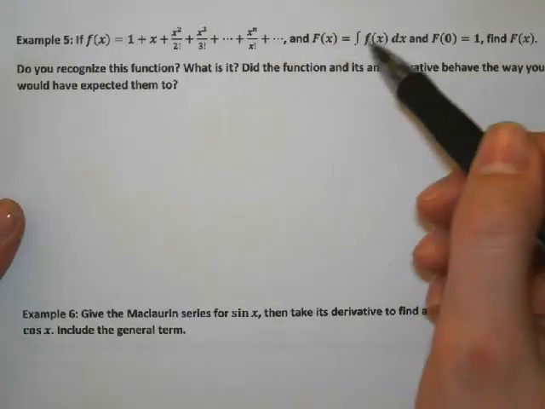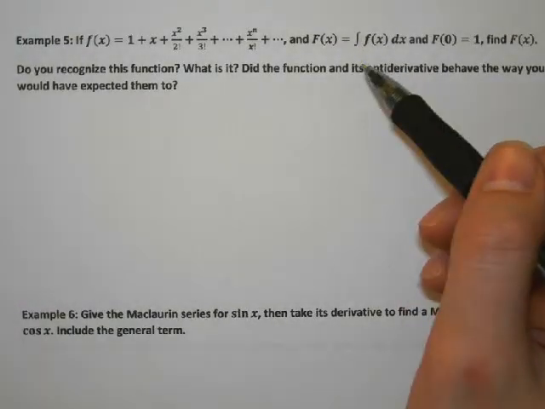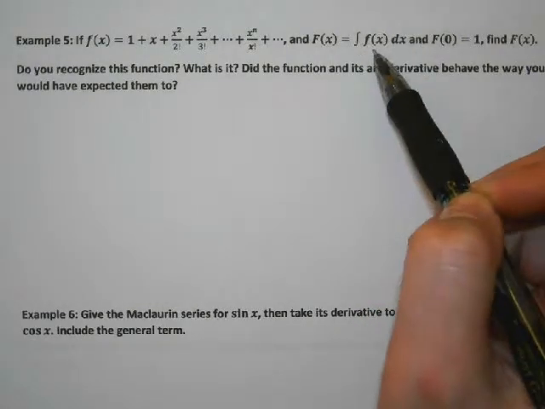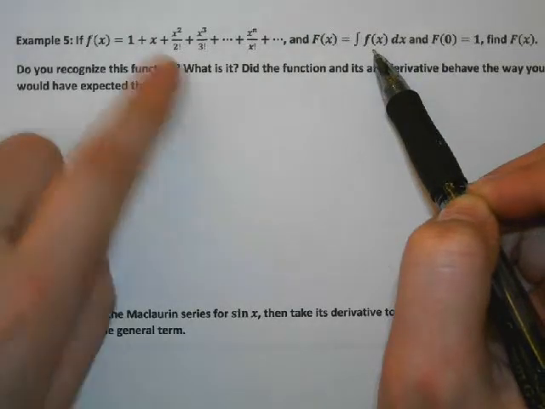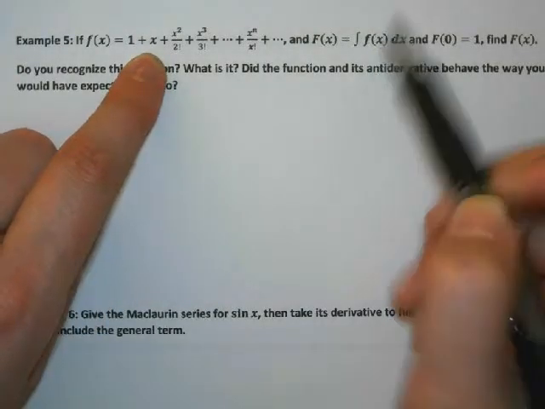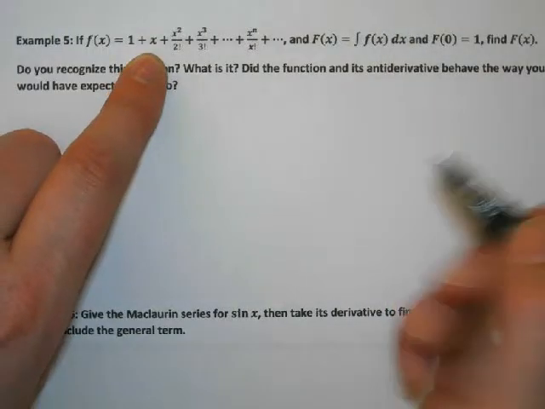All right, what we're going to do here, we are going to take that same problem and we are going to find the antiderivative of it. So this represents e to the x. What's our prediction? It's going to become e to the x. So let's go ahead and try it.